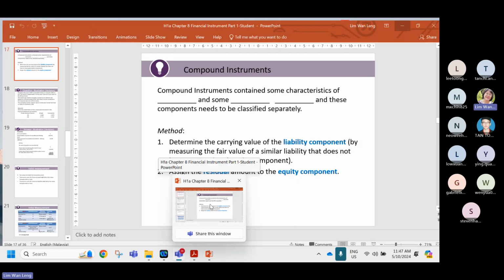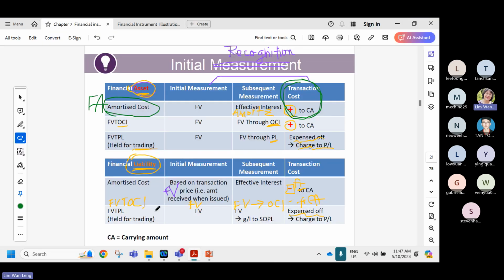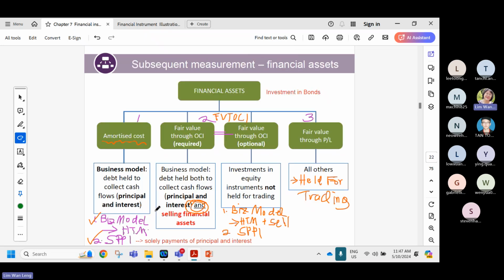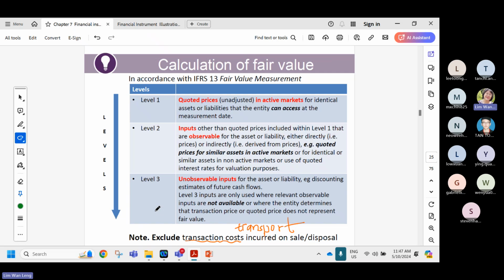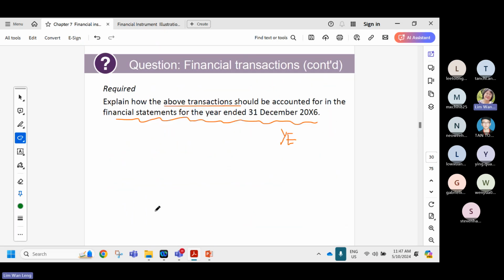Let me go back to this one. Initial recognition, this one we have already done it. We have finished.